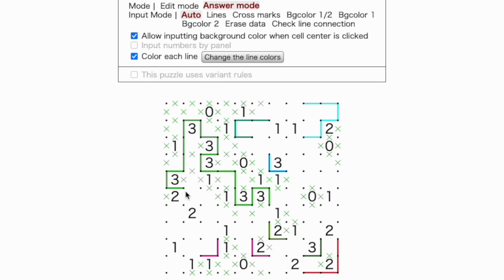Okay, so we've got, let's think about endpoint parity. 1, 2, 3 endpoints in this region here, which means that that would be unsolvable unless we had another endpoint. So the only place that we can add an endpoint is through this gap right there. So that gives us that one, which gives us the one that we need there.